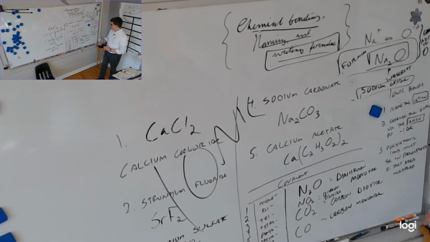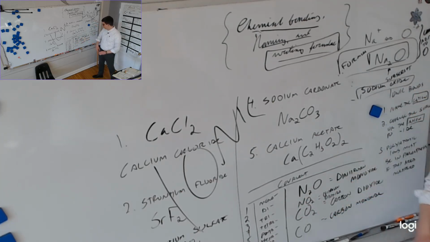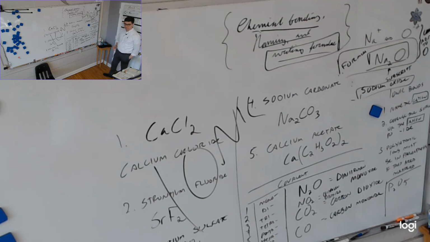Okay, so this is how we name covalent compounds. Could we also take a formula and name it? Let's try. P2O5. What would we call that? Not just because there are 2 of them. Diphosphorus. Yep, pentoxide.